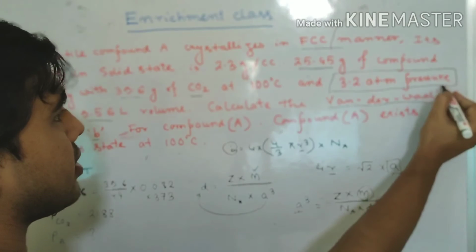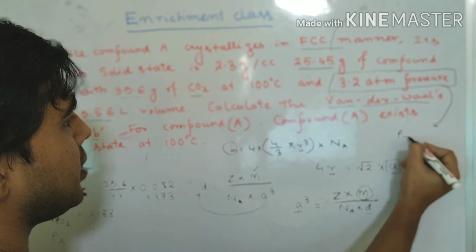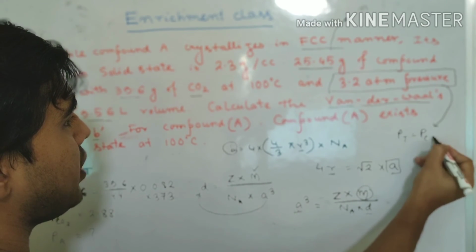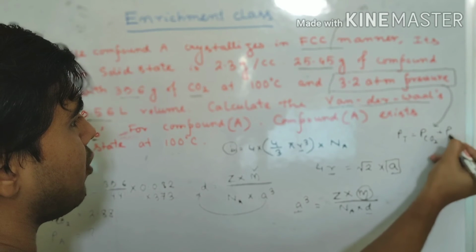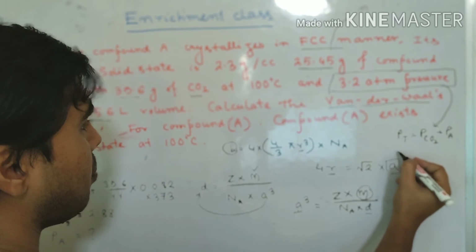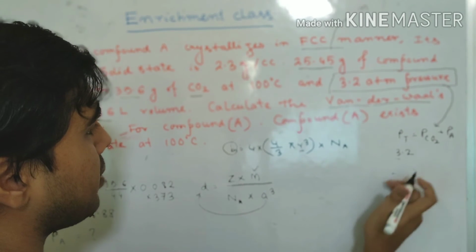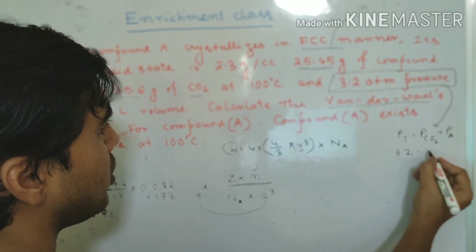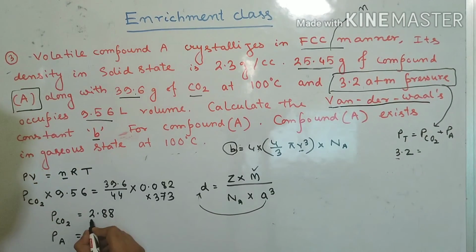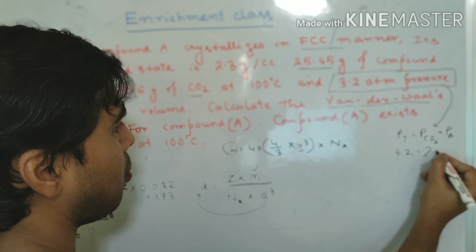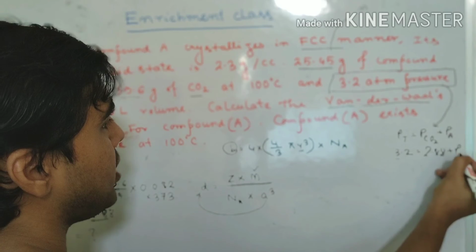So P total is equal to P of CO2 plus P of A. So P total is 3.2, is equal to P of CO2 we have just calculated, 2.88 plus PA.